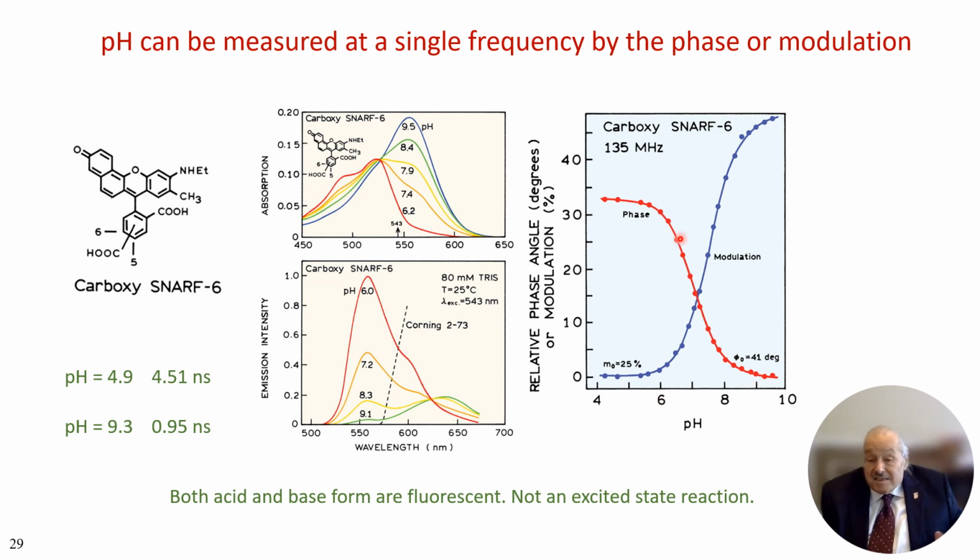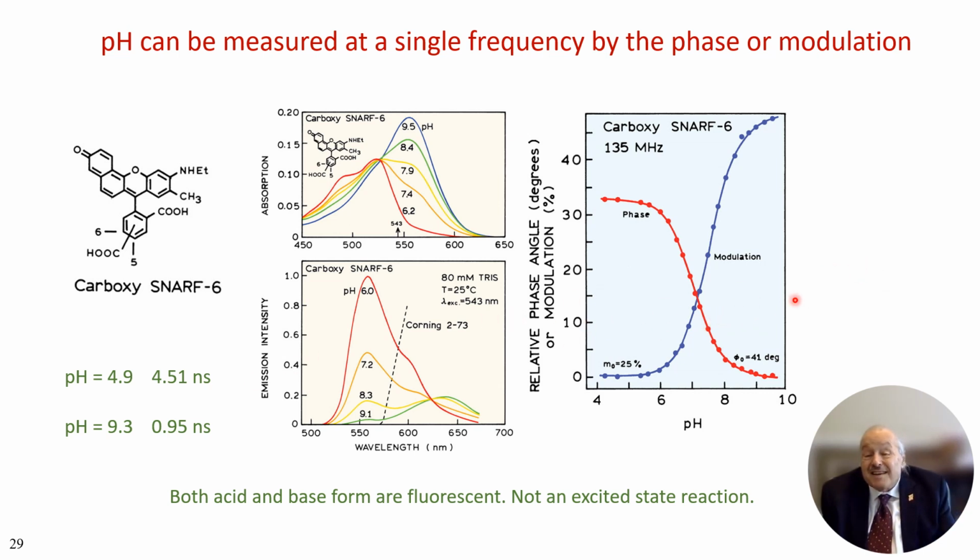The phase at a single frequency, which we have to use 135 megahertz, changes constantly with lifetime, and it gets shorter because the lifetime gets shorter at the higher pH, and the modulation gets higher at the higher pH. And this can be done even in a very turbid environment, even through skin, if you had to do that. But this is an example of a single frequency measurement.